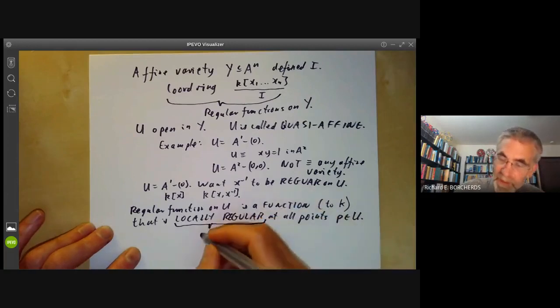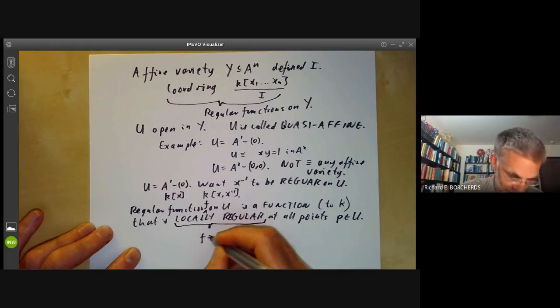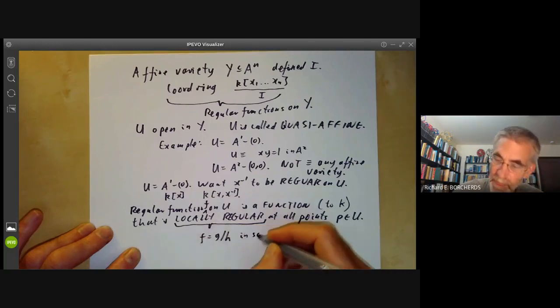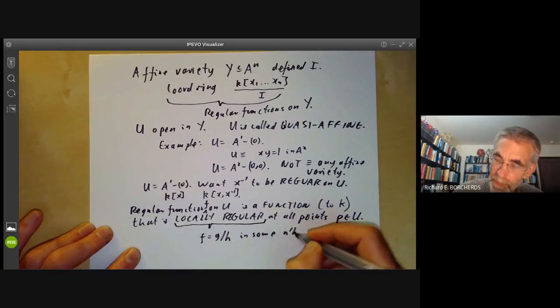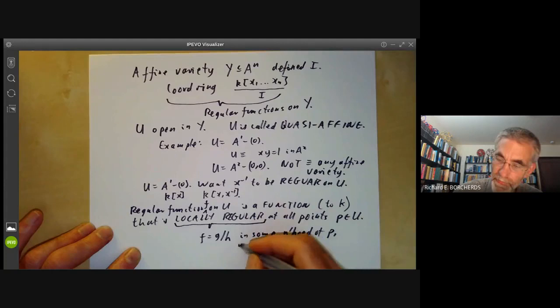Locally regular means that if our function is f, then f is equal to g over h in some neighborhood of P, where g and h are polynomials.